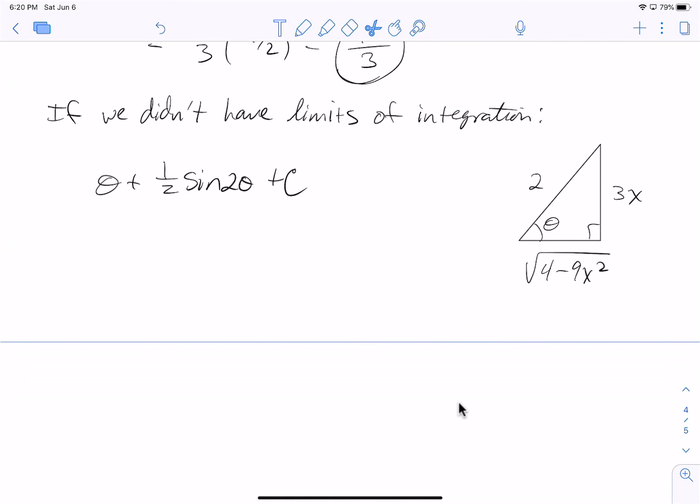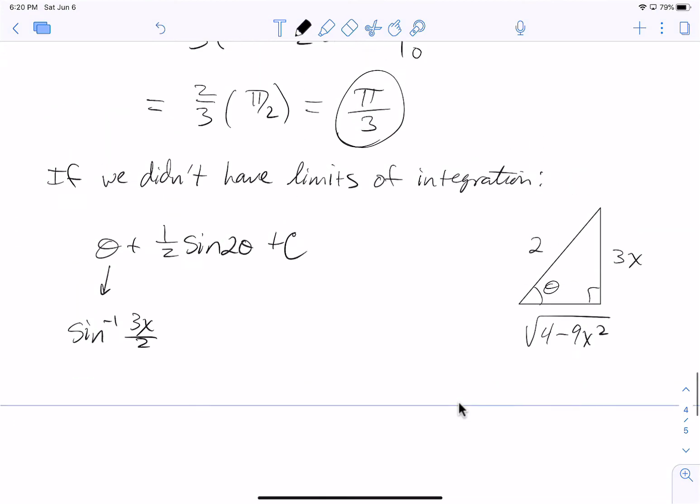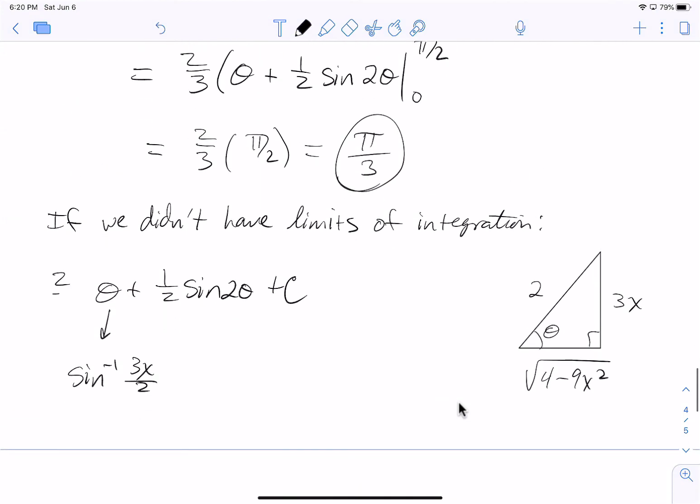We need to replace theta, and we would need to replace the sine of 2 theta, both to be in terms of x. The easiest expression for theta would be that it is the inverse sine of 3x over 2. And I just realized that our answer would have had a 2/3 in front of it. That's not going to change because of what we're doing now, so I don't want to be confusing there.